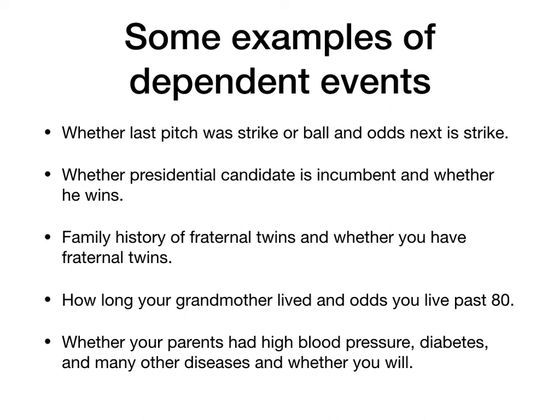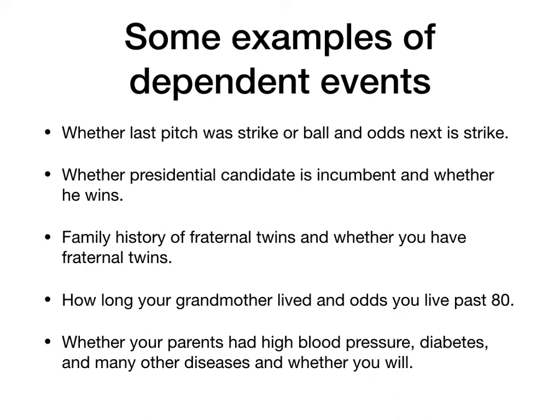If grandma died at 60 of some health problem, if she got hit by a train at 60, that probably doesn't tell us much about what your health is going to be like. I don't know. Maybe there is some genetic or other environmental component for walking in front of trains. I don't know. But probably it doesn't tell us much. But if she died from some disease fairly young, that tells us something that will lower the odds that somebody is going to live past 80, right? If we know that about their grandma.